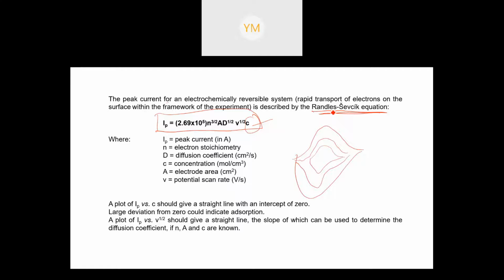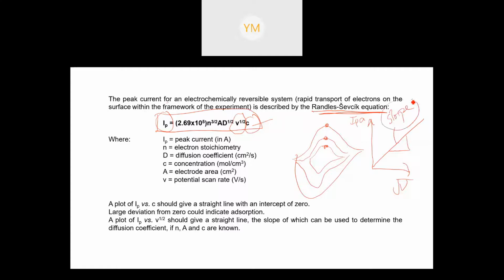You will determine IP, for example IPA or IPC, at different scan rates. So this is scan rate, this is peak. You will plot the square root of scan rate and IP. You will get a straight line. Then you will measure the slope. This is for lab assignment 5.